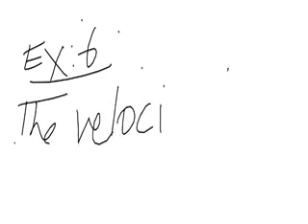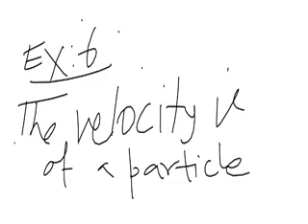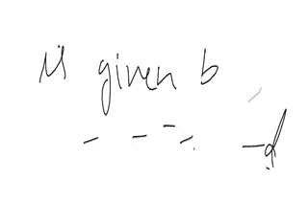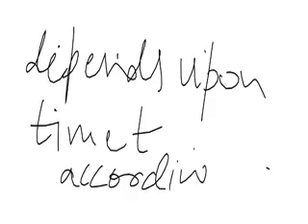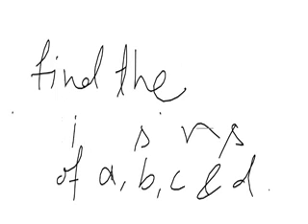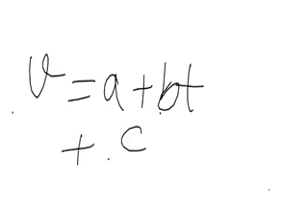The velocity v of a particle depends upon time t according to the equation v equal to a plus bt plus c by d plus t.